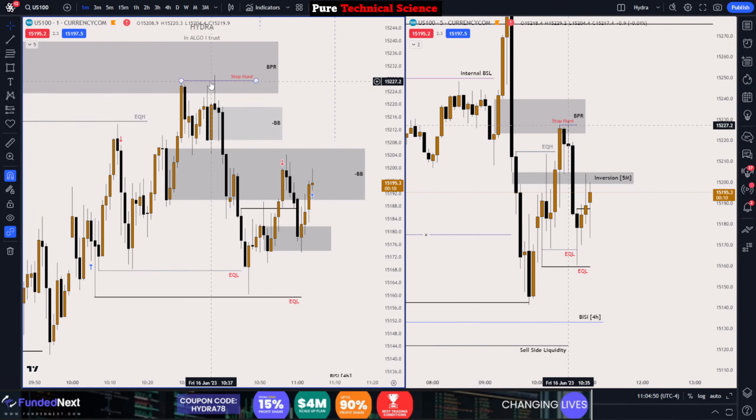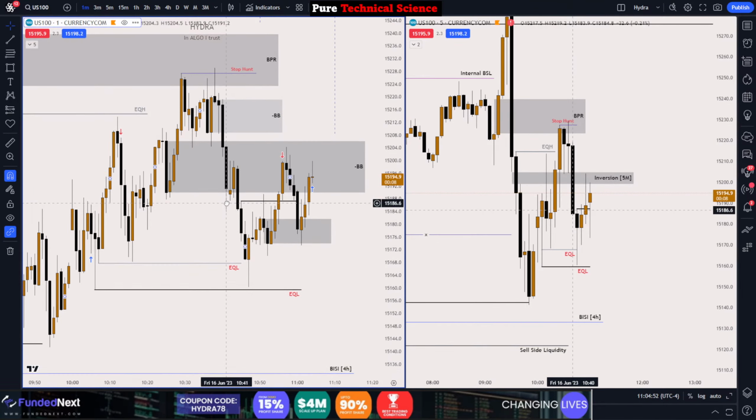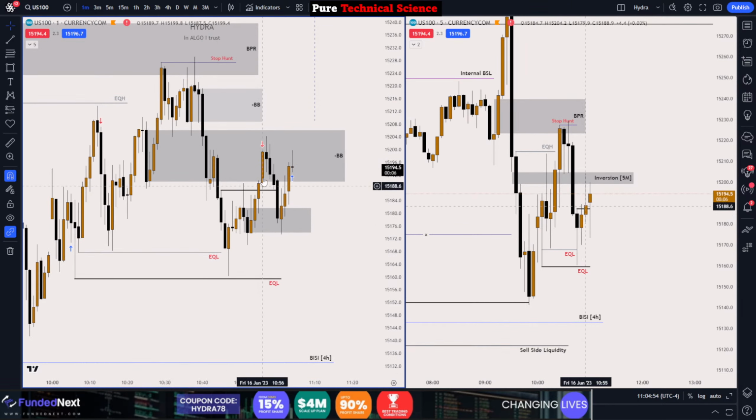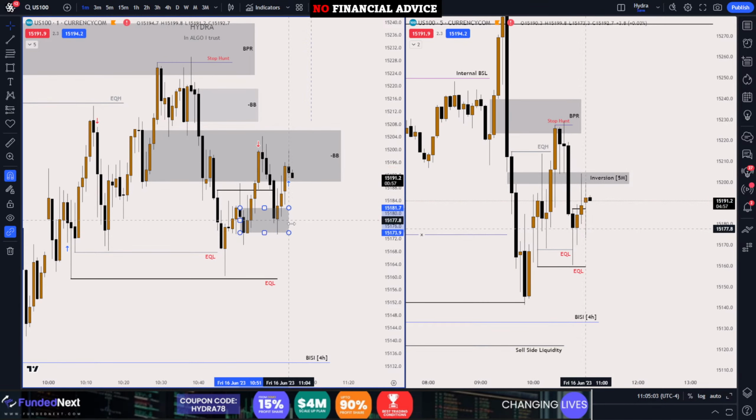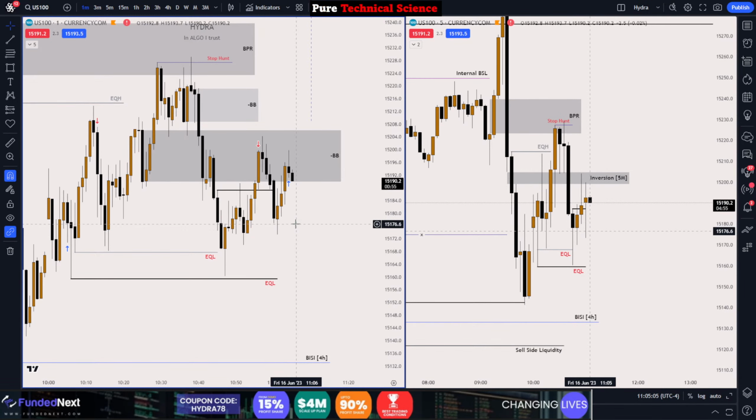Eventually price hit my target, but we couldn't make it from this setup. Same here, I trailed my stop loss. Now price hit my stop loss, and now it's going to be hitting my target, as you will see. That's how price does it when it's in a high resistance liquidity run.